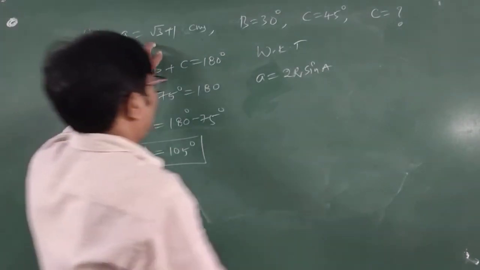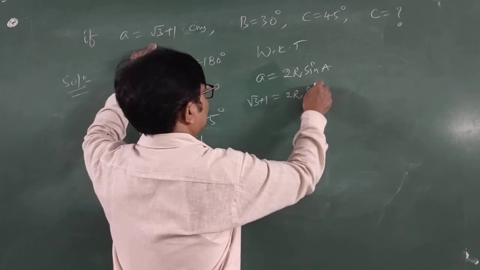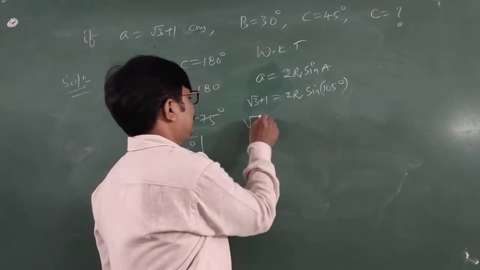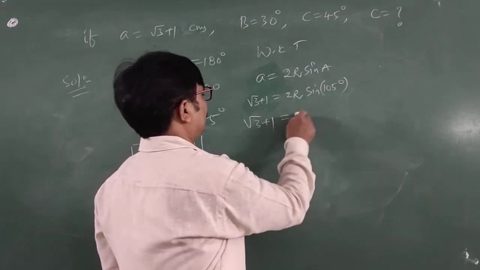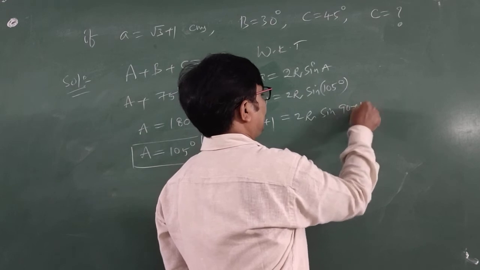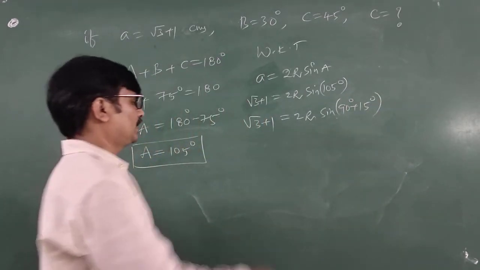The small a has length root 3 plus 1, so root 3 plus 1 equals 2R into sin 105, which is 2R into sin of 90 plus 15 degrees. This lies in the second quadrant.